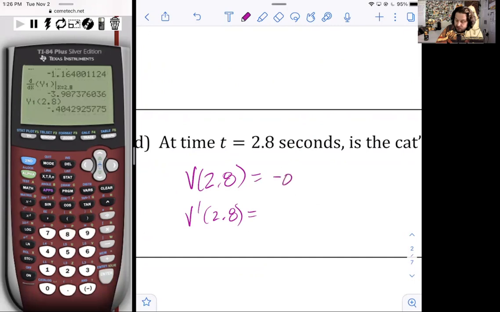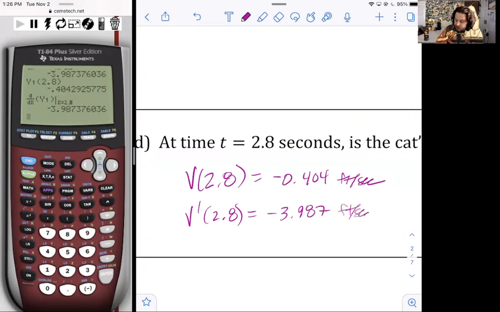You get negative 0.404 feet per second. And then math 8, alpha trace number 1 at 2.8. Negative 3.987 feet per second squared.